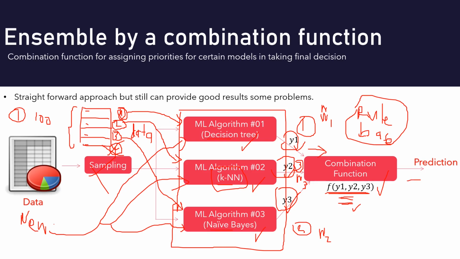It will provide a certain output. So it's a straightforward approach. There is nothing new or different here. We are getting the output from the three models and doing a thorough analysis. That will be the difficult part.